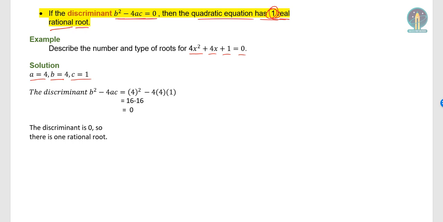Evaluating the discriminant, we have b squared minus 4ac, so b is 4, so 4 squared, minus 4 times a, which is 4, times c, which is 1. So we have 16 minus 16, which is 0. So in this case, since the discriminant is 0, there is one rational root.